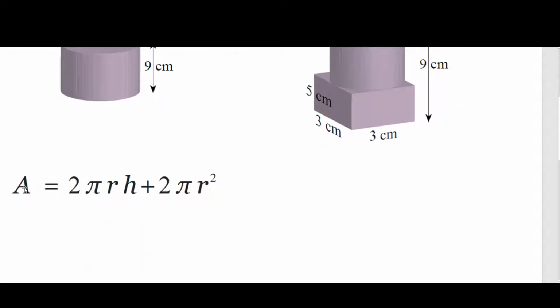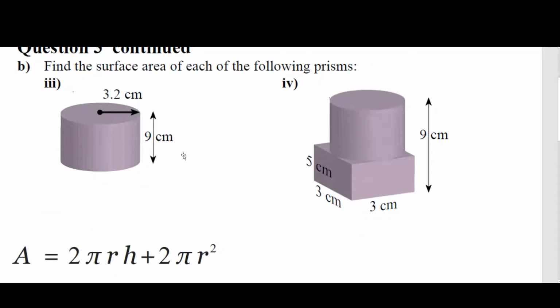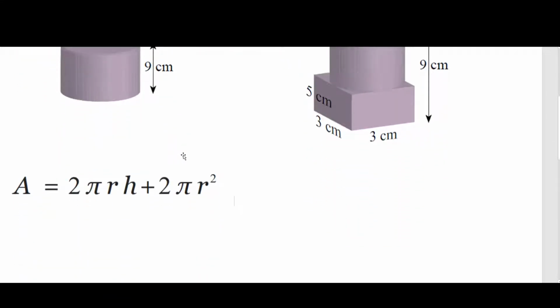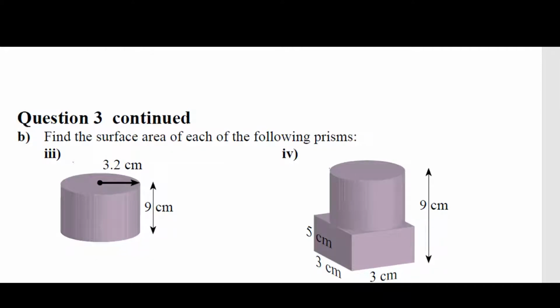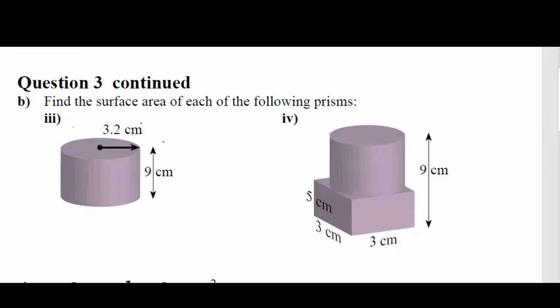So the surface area formula is 2 times pi times r times h plus 2 times pi times r squared. All right, so let's figure this one. So here we've got our radius. There's our radius, and here's our height.